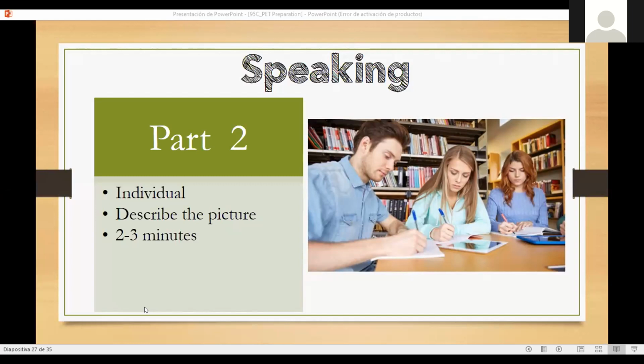When you are describing the picture, take a lot of care when you are using pronouns. ¿Sí? Mucho ojo con los pronombres. Por ejemplo, a Fausto le escuché mucho que decía "in your exam" or "your final exam." Ojo, que estamos hablando de ellos. En este caso tendríamos que utilizar el pronombre "their exam."